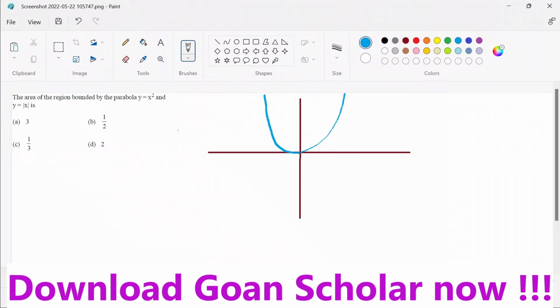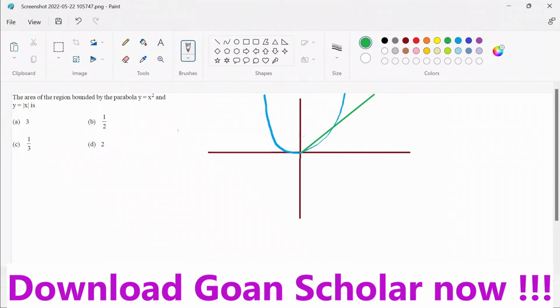What about the modulus? Again, in case you don't know how to plot the graph, simply imagine if your x is 1, y is 1. If your x is 2, y is 2. If your x is 3, y is 3. If x is infinity, y is infinity. So the curve will go straight away like this. This green part is for the first quadrant.